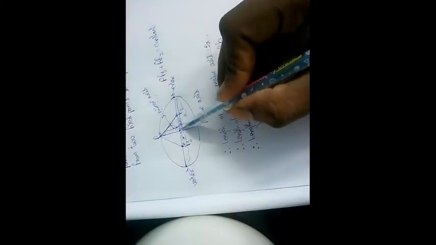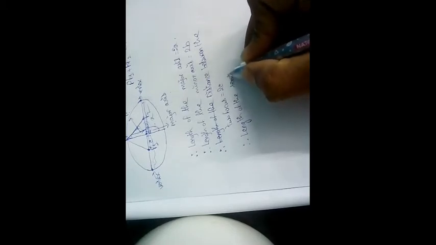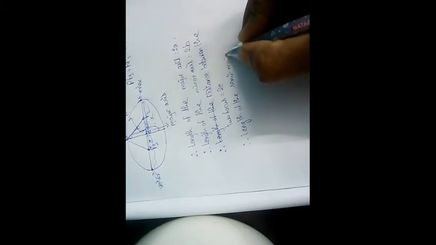So you can see this is A and both the lines is 2a. It's very simple. Then length of semi major axis. Semi means divided by 2. Divided by 2, it comes A, only A.